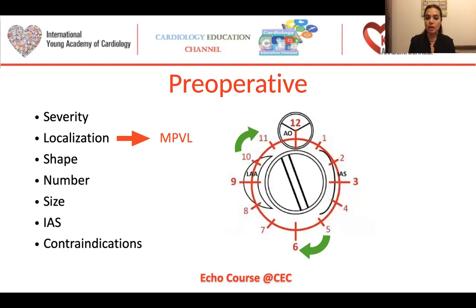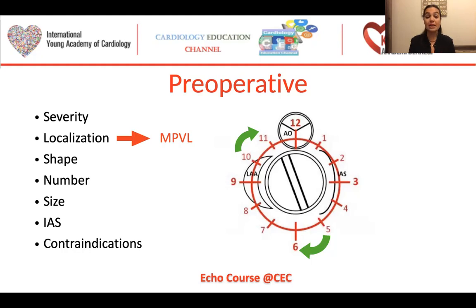We are using a clock scheme, as you can see here. This is an LA view, left atrial aspect, the NFOS view, or we can say the surgical view. We see the mitral valve from NFOS, and we put the aorta at 12 o'clock position.